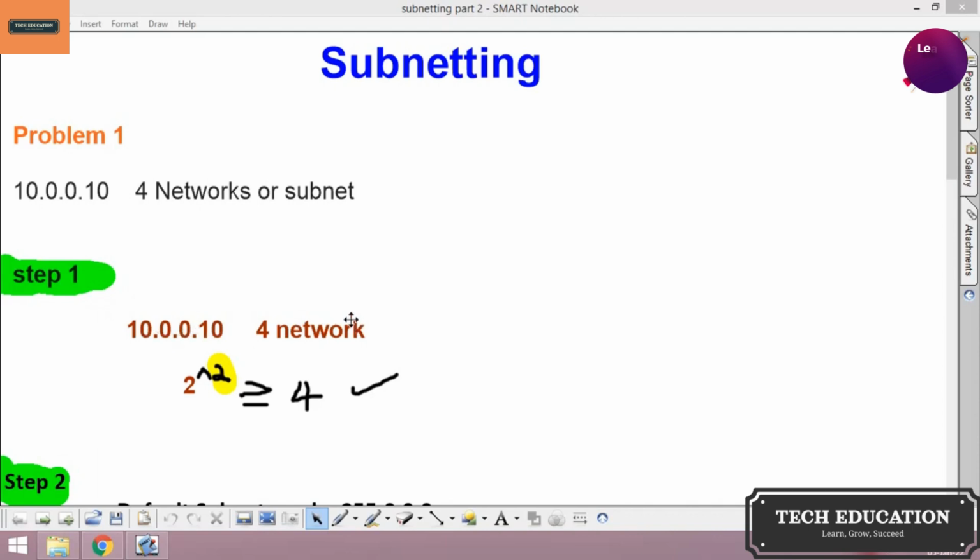Write the requirement and find the increment value. We need 4 networks, so we look for the matching bits. 2 power 1 is not matching, and 2 power 2 is matching, because 2 into 2 is 4. So 2 power 2 is the increment value for this problem.